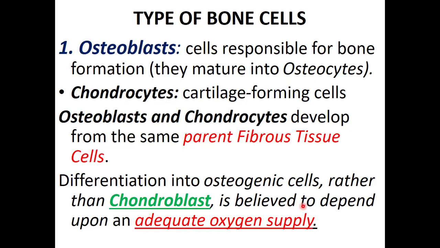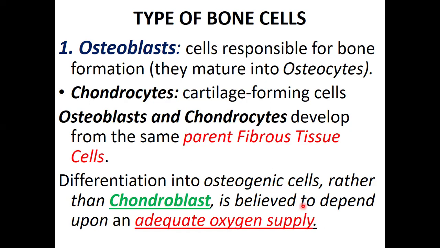If oxygen supply remains high, those cells cannot be transformed into osteoblasts. They will remain chondroblasts. That's all. That's the main reason why cartilage will be converted into bone. It's just the amount of oxygen. So the body knows how to play around with oxygen supply to the cartilage that the baby is born with.